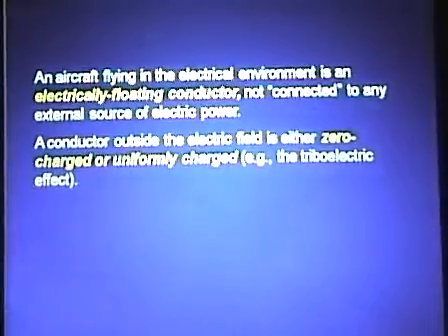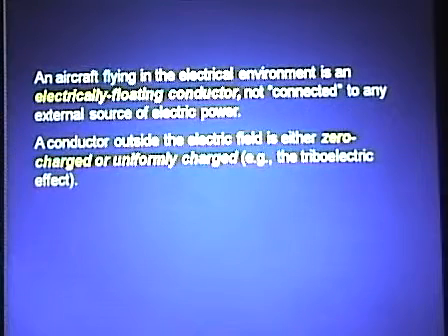So when we deal with aircraft, and this is a fully metallic aircraft, we actually have a perfect conductor in electric field. And it's an electrically floating conductor because it isn't connected to any power source. If you have a conductor outside of electric field, it's zero charge.